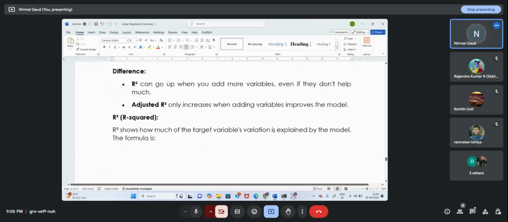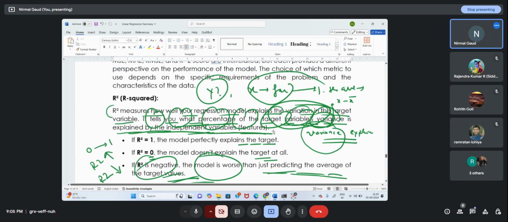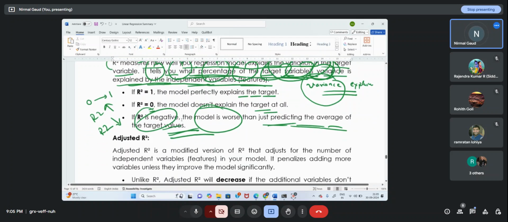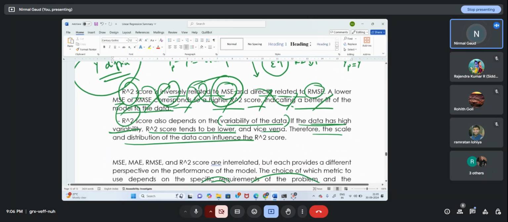We have already studied in the above point that R2 measures how well the regression model explains the variation of the target, and tells what percentage of target variable variance is explained. And above I also told one thing: if the data has high variance, R2 tends to be lower.